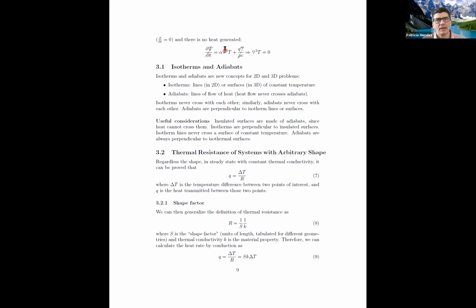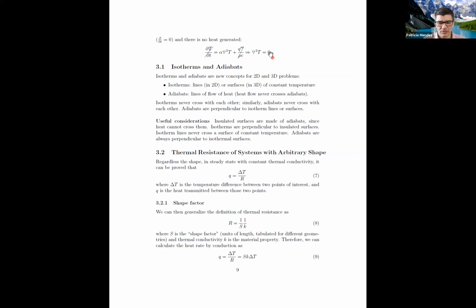If now we say we're in steady state, we can take this term out. If we also say there is no heat generation inside the material we're considering, we take this out, and the end result is this equation: Laplacian equals 0. Now this is very interesting because this equation looks harmless.